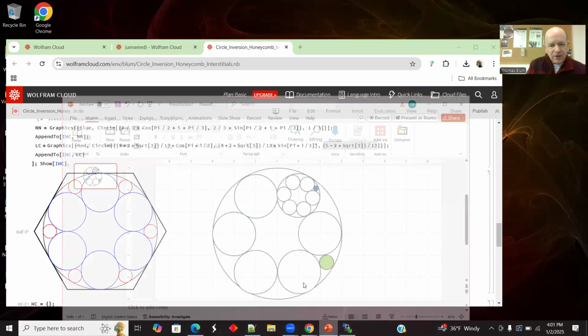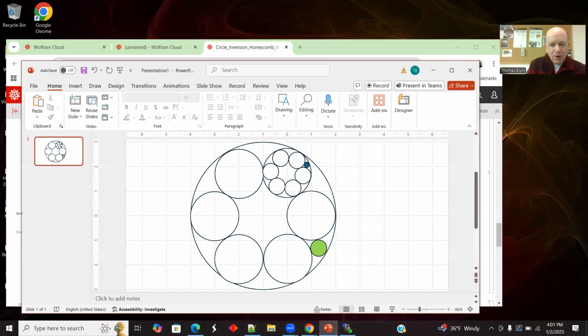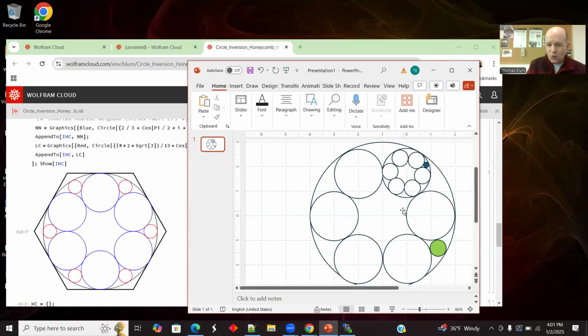But they correspond to what I wanted here, which was draw. I have 6 circles going around, and then what is this sort of interstitial radius? A little bit more than a 9. Okay, that's what I wanted to show in this one.